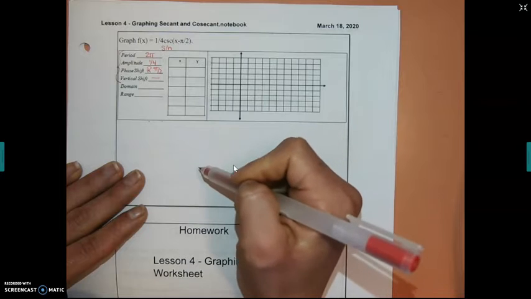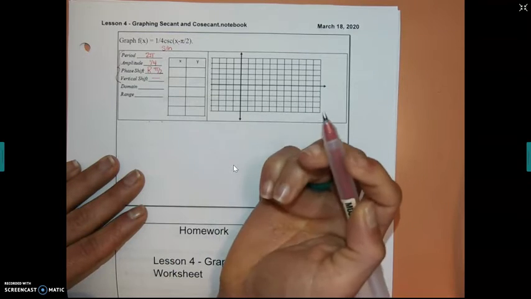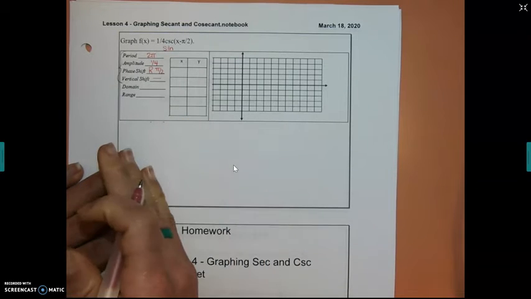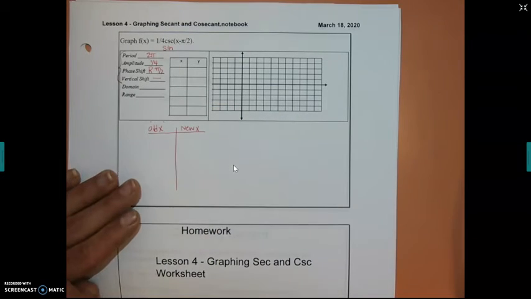Okay, so I don't really need to see where my new maxes and mins are because this has not changed since I haven't shifted it up or down. But I do need to see where my new x values are going to be after that shift. Okay, so my old x values and my new x values I'm going to find. So I would normally start at 0.